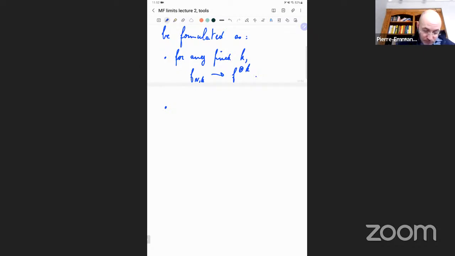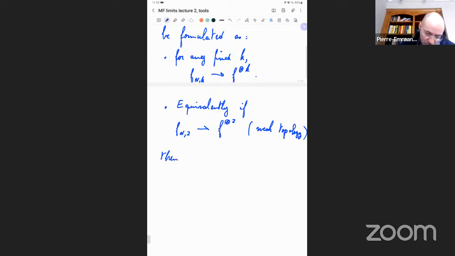So equivalently, if Fn2 converges, for example, in the Wasserstein distance, we need actually a weak topology here to make this correct, when Fnk converges as n tends to infinity.